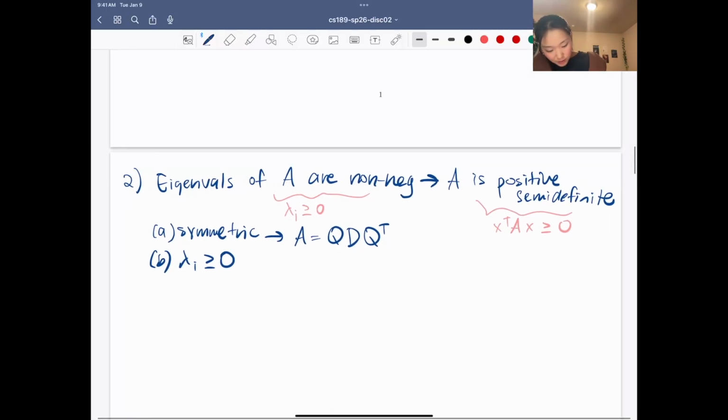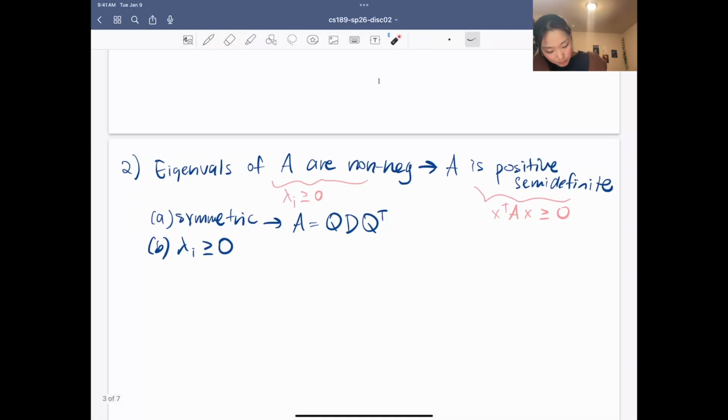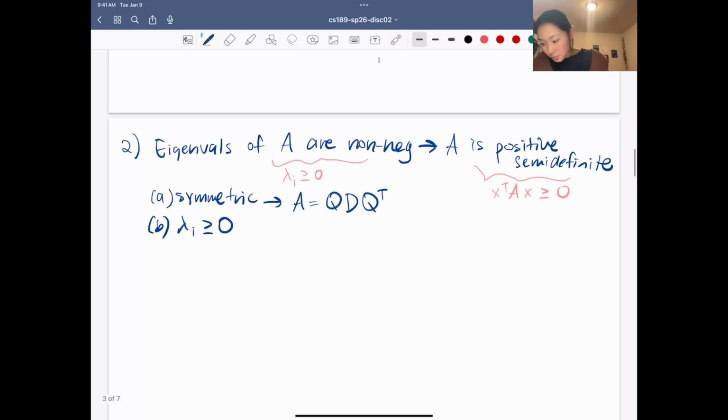And so let's start by using a little bit of what we know from Q. Let the eigenvectors of Q be represented by some set V, where we have V1, V2, V3, all the way to Vn. And recall that these form an orthonormal basis.